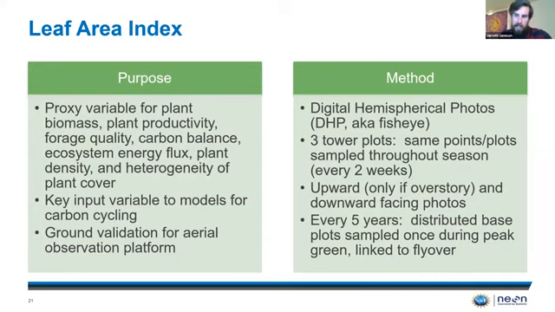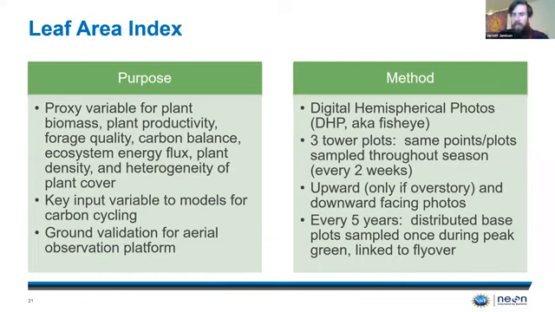So leaf area index, or LAI, is a useful proxy variable for numerous other variables of ecological interest, including plant biomass, plant productivity, forage quality, carbon balance, ecosystem energy flux, plant density, and the heterogeneity of plant cover. LAI is also used widely as a key input variable to models that seek to predict ecological processes such as carbon cycling.